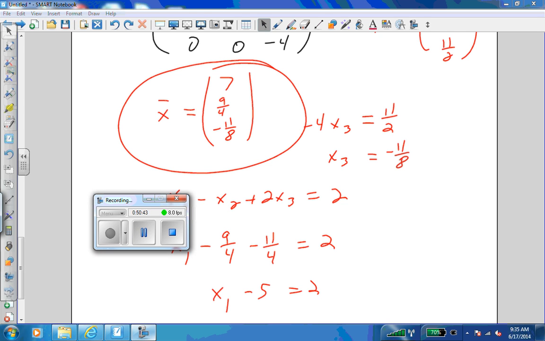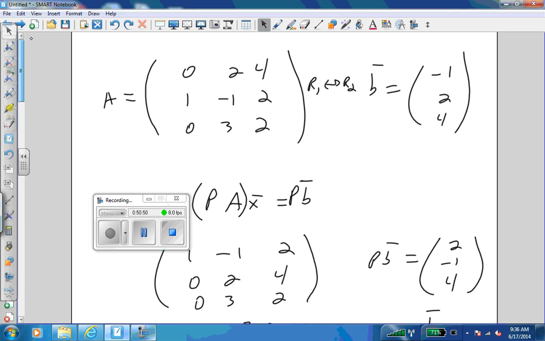For time's sake, I'm not going to go back and plug all those in, but if we were to take those solutions and substitute them into our original system of equations, x sub 1s, 2x sub 2s, 4x sub 3s, that would give us negative 1. 1 x sub 1 minus 1 x sub 2, 2 x sub 3s, that would give us 2, and so forth. And just to check, when I paused the video, I did come over on the side and check those out, and that did work.